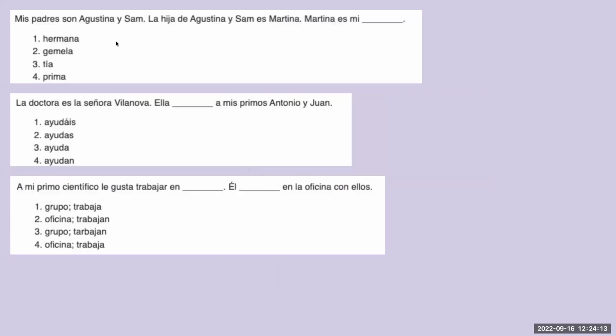At the top, mis padres son Agustina y Sam. La hija de Agustina y Sam es Martina. Martina es mi blank. Hermana, gemela, tía, or prima. Which one? Yes, hermana. The daughter of these two is Martina.